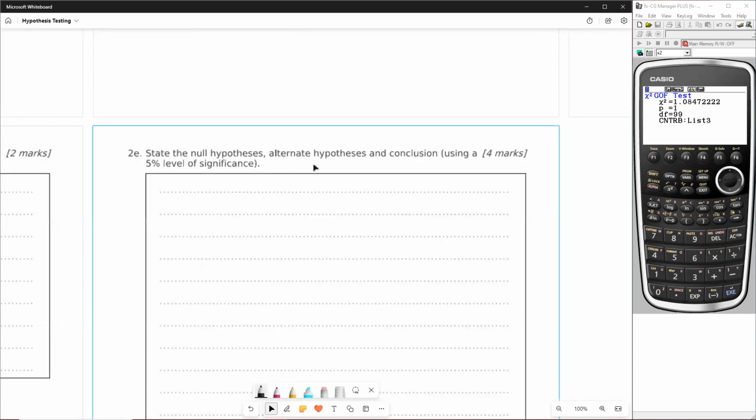It says, state the null hypothesis. So our initial claim was that this data fits a normal distribution, right? So that is the null hypothesis, that the data fits a normal distribution.